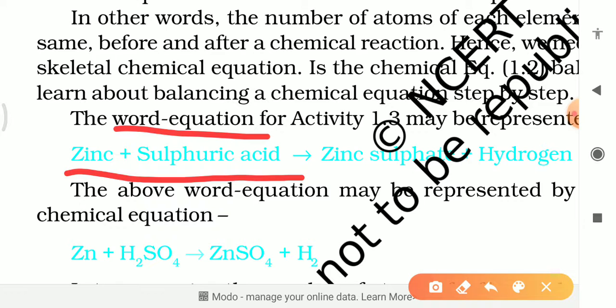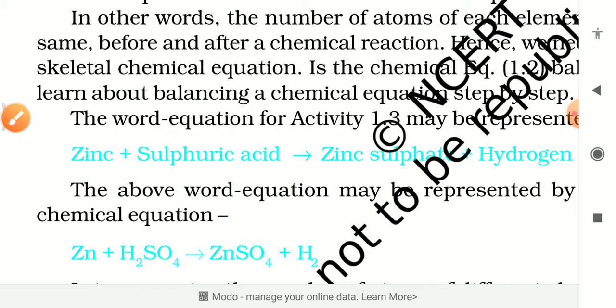The symbol of zinc is Zn, plus sulfuric acid, whose formula is H2SO4, but in place of the symbols they are using the spelling of zinc and sulfuric acid. That's why it is called the word equation.